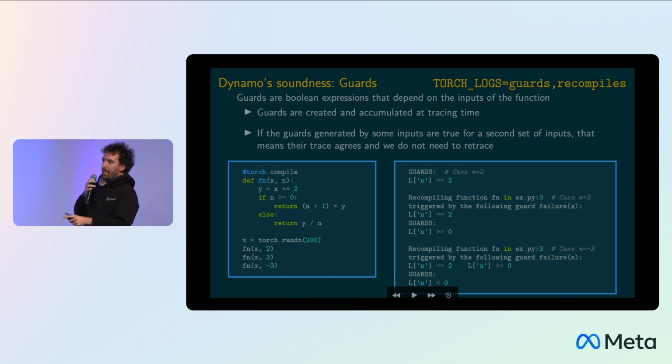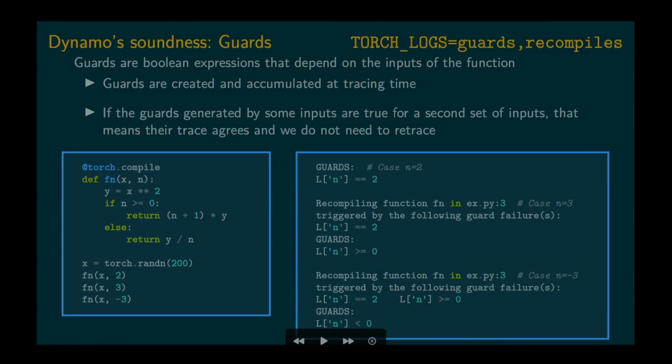There are actually many, many more guards, because we got global state from PyTorch and many other things. But it tells us that the one that failed was this one. It was not equal n equals 2, so it installed a different guard, which is n greater or equal to 0.